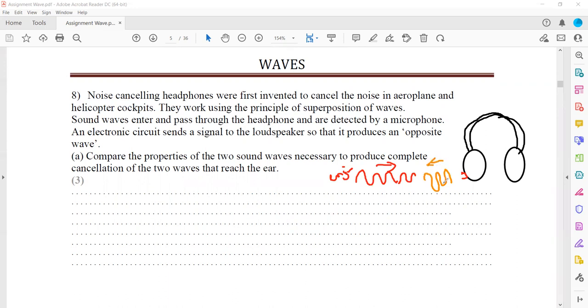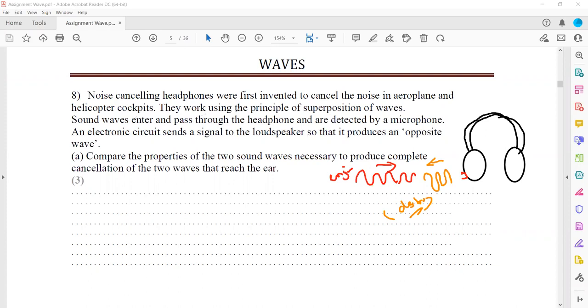As a result, when the two travelling waves combine, they cancel out the effect of each other. If they are in anti-phase, there will be destructive interference, and as a result the pilot won't be able to hear any noise from the engine. So they work using the principle of superposition.